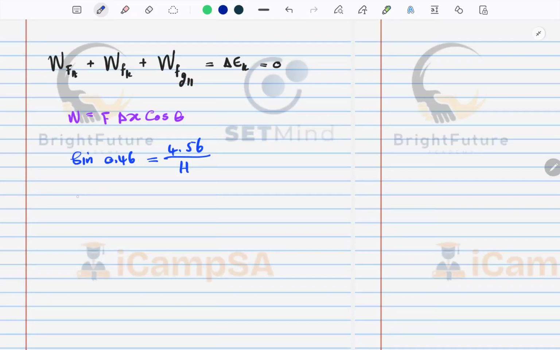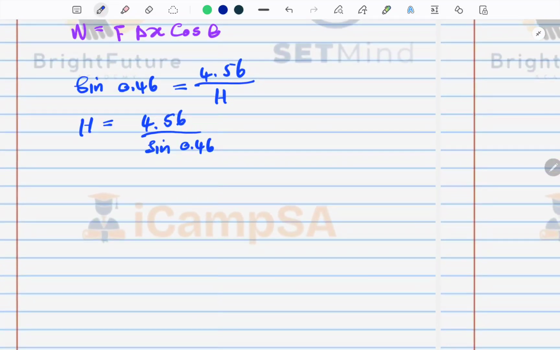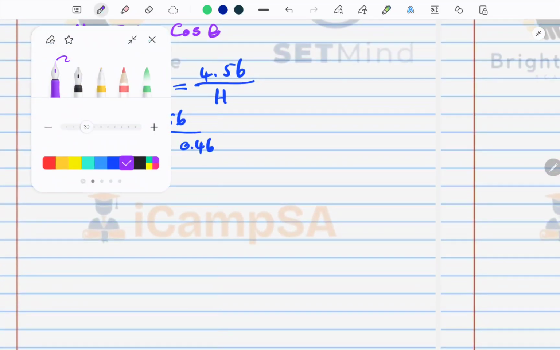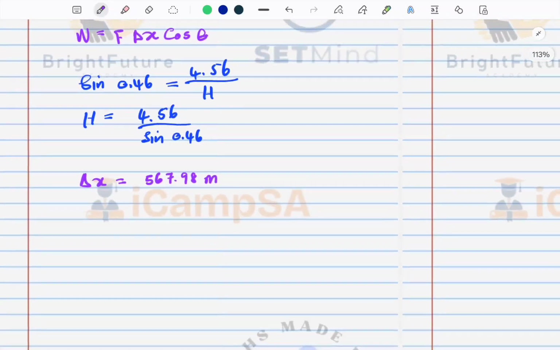Right, so that means your hypotenuse side is going to be 4.56 over sine 0.46. So now we need to know what this is. Let's punch our calculator and see. From my calculator, I'm getting 567.98 meters. Okay, this is the displacement, which is your delta x, right?